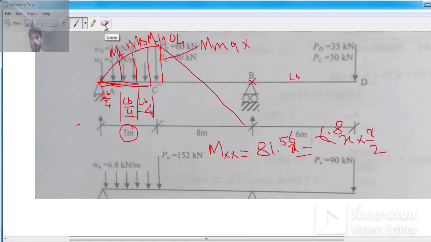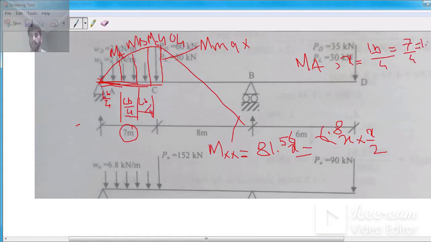If you want to determine MA from this equation, you need to plug in x equal to LB by 4. Now LB is what you see here, 7 meter. So just divide 7 by 4, you get 1.75.